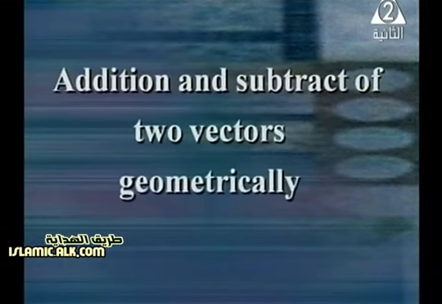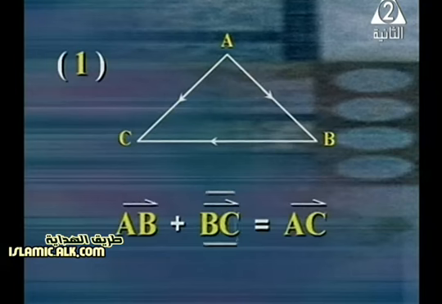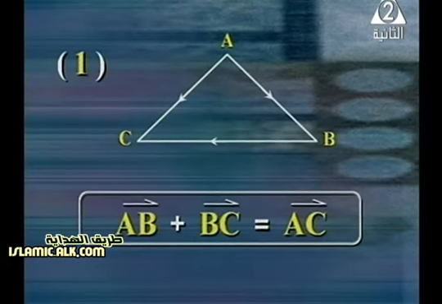First, dear student, now we are going to review 2 important rules in statics: addition and subtraction of 2 vectors geometrically. Look, dear student, if we have AB vector plus BC vector equals what? AC vector. Sum of 2 vectors, AB vector plus BC vector equals AC vector.